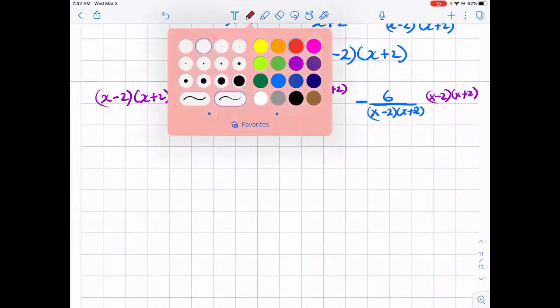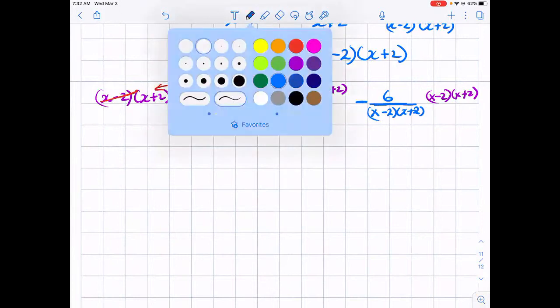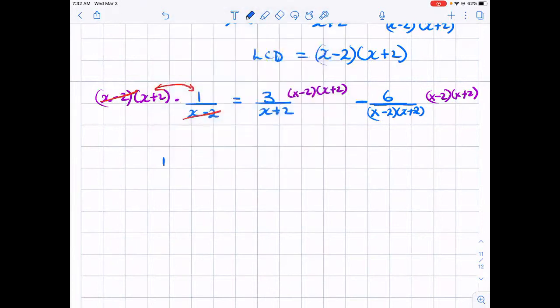So notice once again what happens, right? The x minus 2 cancels with the x minus 2. So I'm left with these two things. So I am left with 1 times x plus 2 equals, notice in this scenario, the x plus 2 cancels with the x plus 2. So I'm left with these two terms.